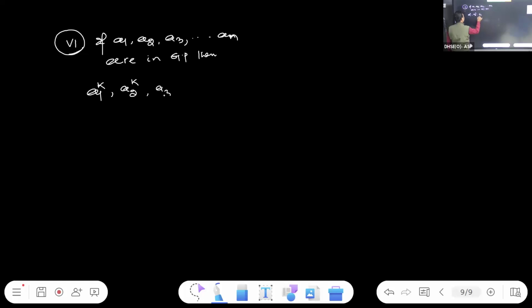If A1, A2, A3 up to An are in GP, then A1^k, A2^k, A3^k up to An^k is also a GP.